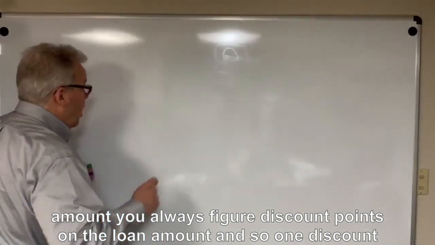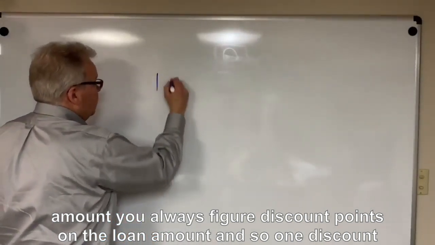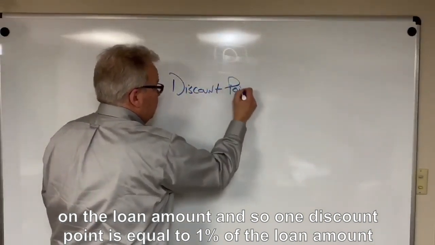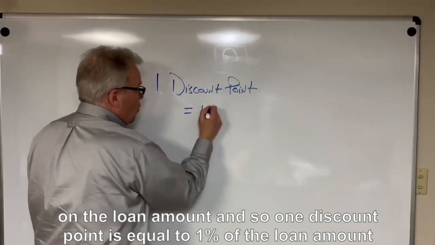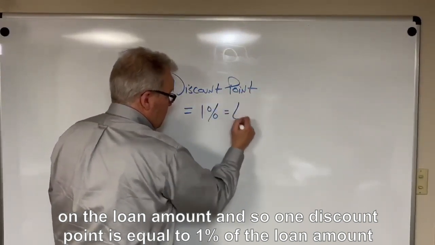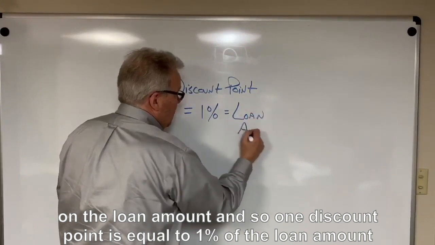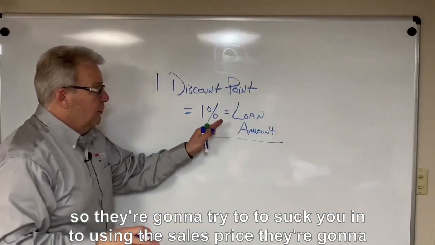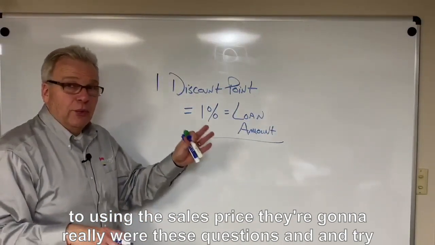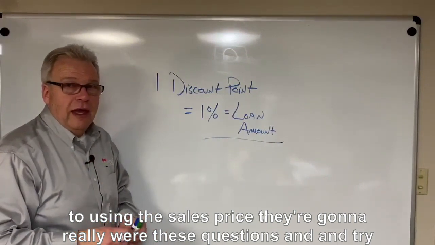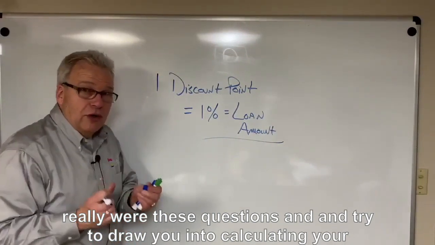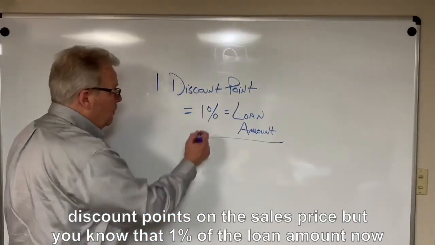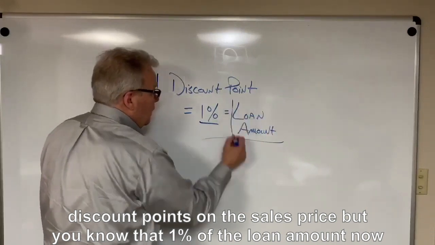So one discount point is equal to 1% of the loan amount. They're going to try to suck you in to using the sales price. They're going to really word these questions and try to draw you into calculating your discount points on the sales price, but you know that it's 1% of the loan amount.